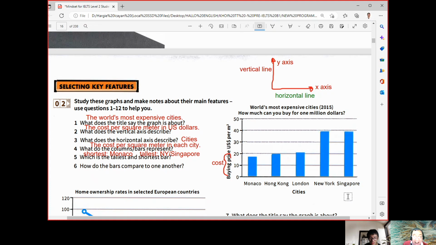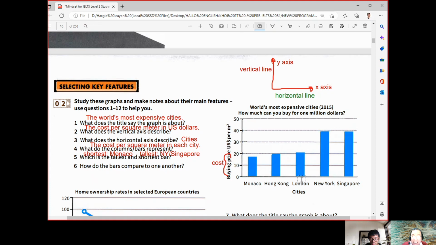We can say that New York and Singapore are the two most expensive cities in the world, approximately. We can also say that Monaco, Hong Kong, and London roughly are very similar to each other. But Hong Kong and London are very similar to each other.